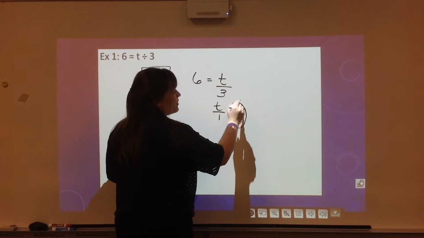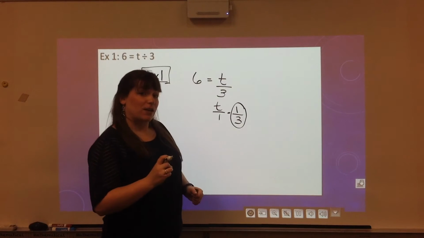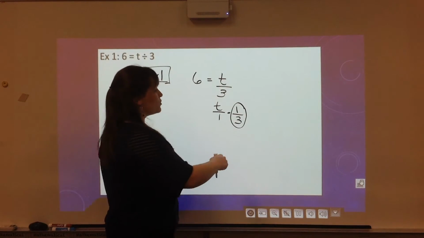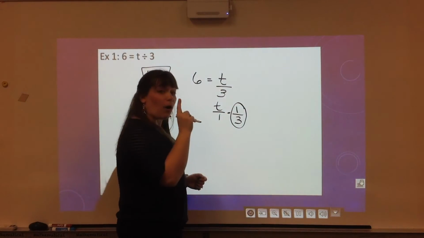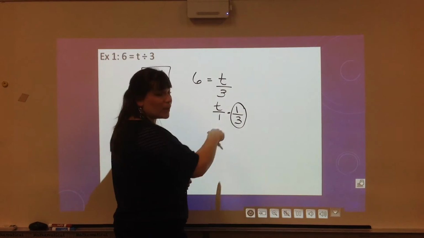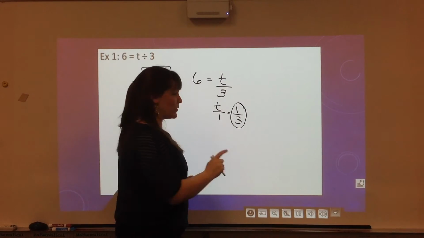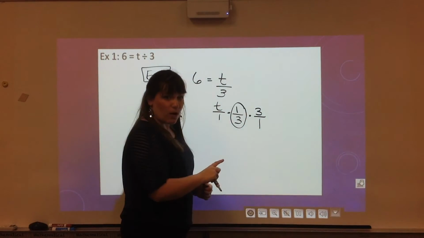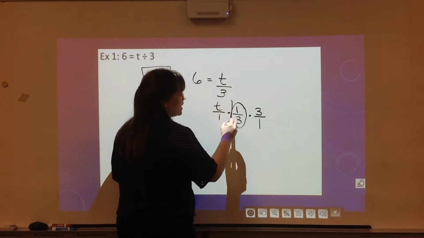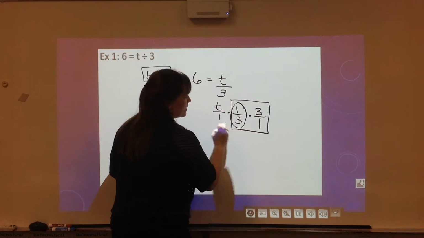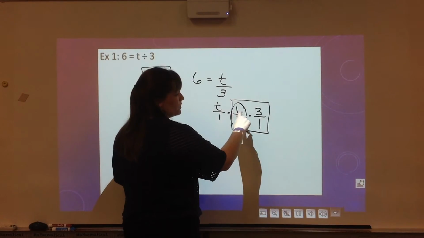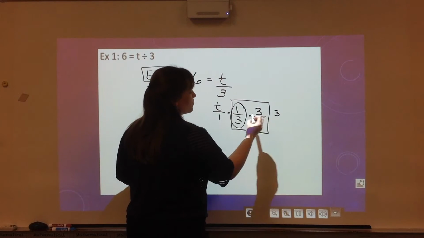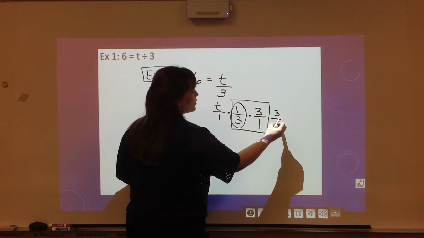If you remember the inverse property, it says that you can get a 1 if you multiply this fraction by its reciprocal, and that ends up being 3 over 1. If we were to take this that I'm boxing and multiply it, it would be 1 times 3, which is 3, and 3 times 1, which is 3.